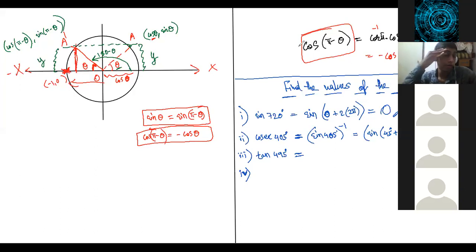Third one. No, everyone is stuck at the third question. Sir, I think it is 3 pi by 4. Okay, well, what is the answer? Sir, I'm not getting it.